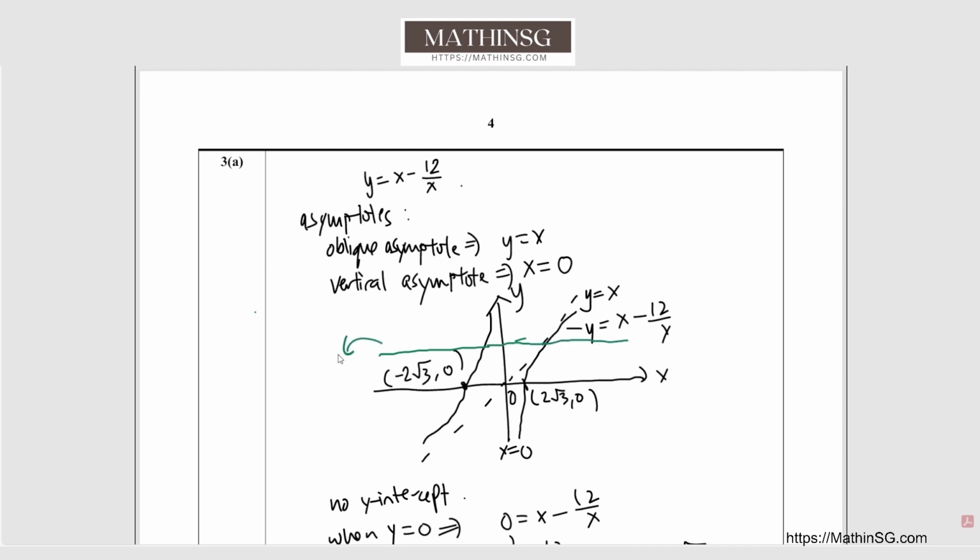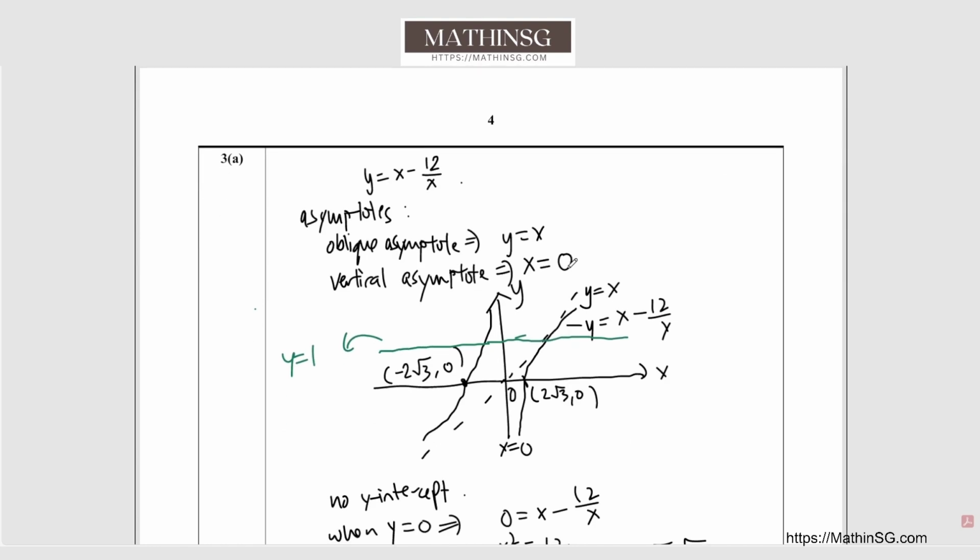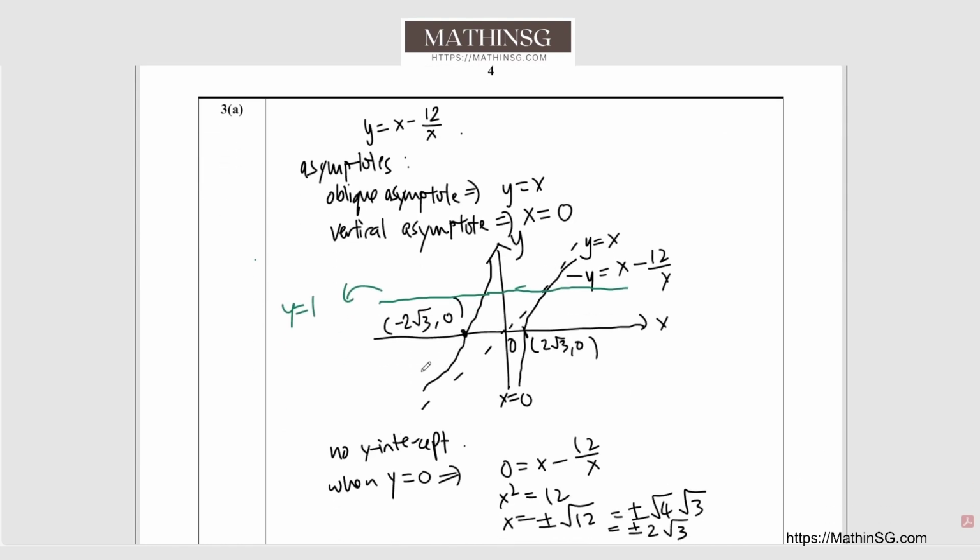Okay, this one is y equals 1. Now, in order for the graph (x minus 12) over x to be lesser than 1, where does it occur? So this portion here, as well as this portion here.